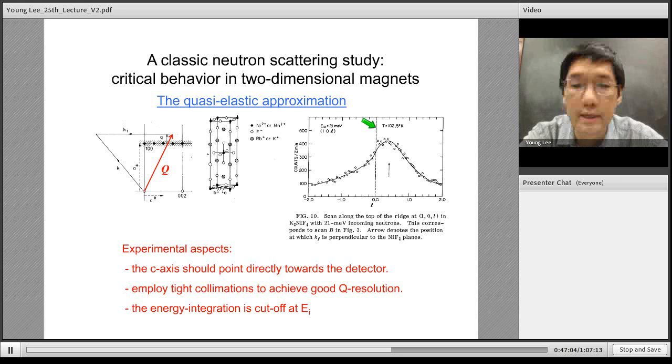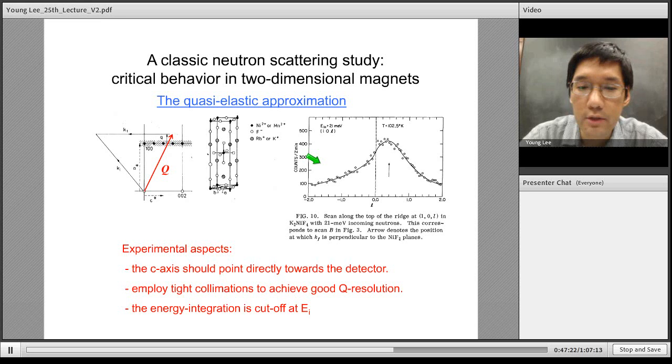And you get the most intensity, which is nice, because you're effectively integrating over all of the energies hitting your detector without changing Q. If you're on a part of the rod away from that ideal position, your intensity decreases, but it won't go to zero because you still have the scattering along that rod.